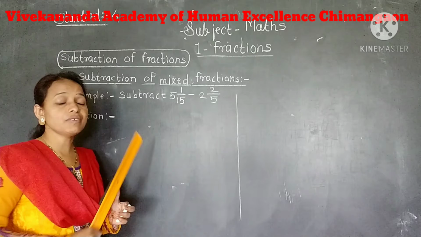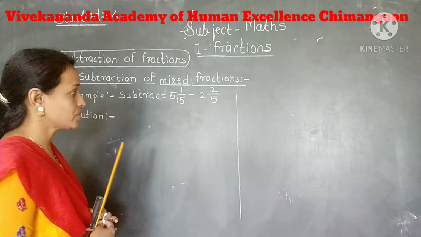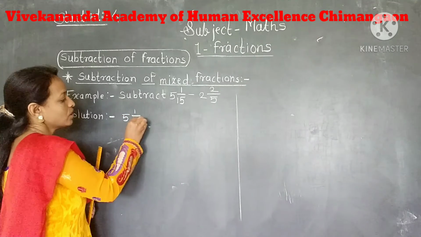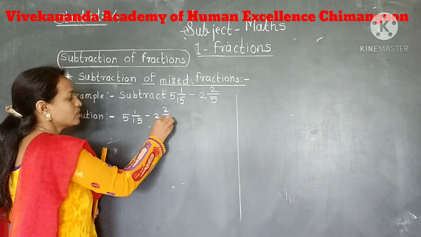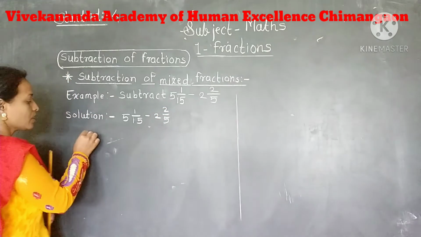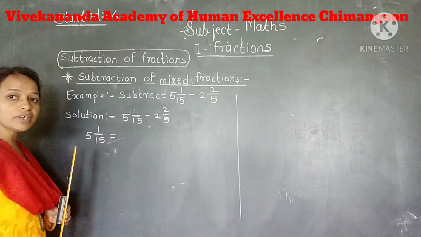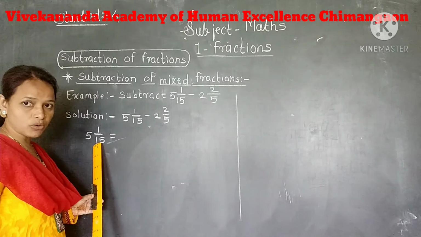So first we will convert the first fraction, 5 1 upon 15, into an improper fraction. We have learned how to convert mixed fractions into improper fractions.